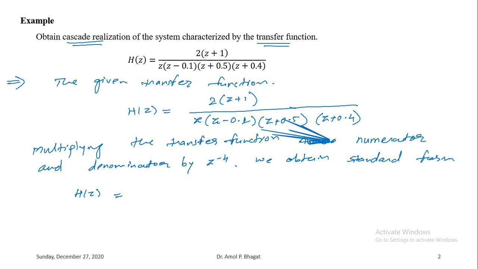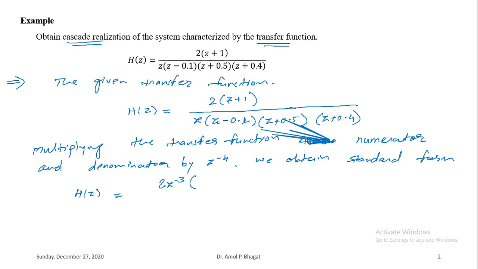Out of this z to the power minus 4, I'll be sending 1 z inverse inside the bracket, so the remaining 2 will be as it is. This z to the power minus 3 will be as it is.